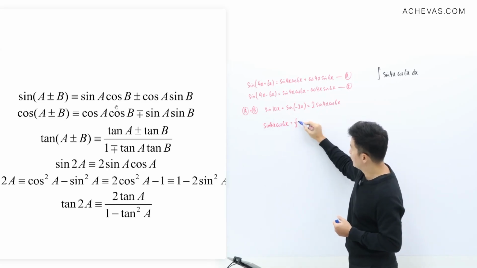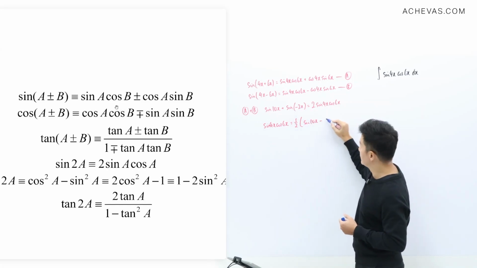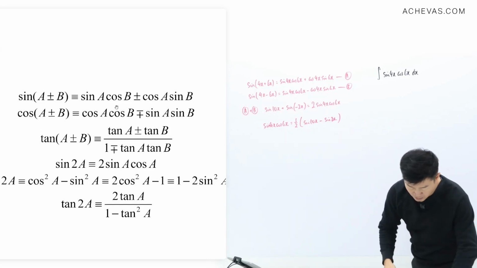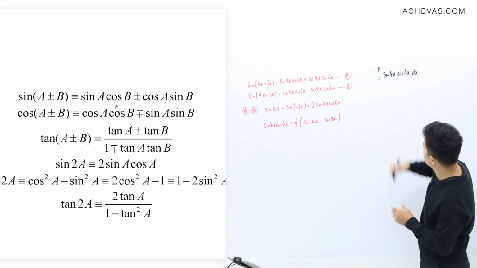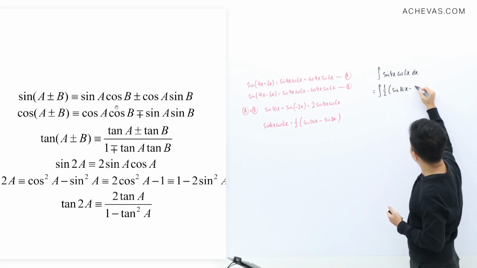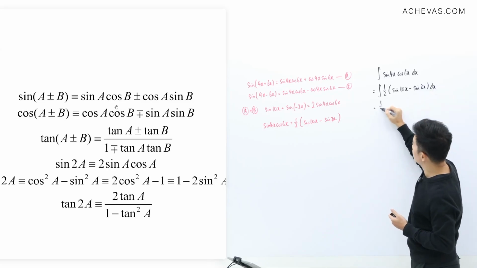So 2 divided over, half of, we have a sine 10x. Sine minus 2x is the same as minus sine 2x. So now we have another way to re-express what we have here into now a half of (sine 10x minus sine 2x) dx.